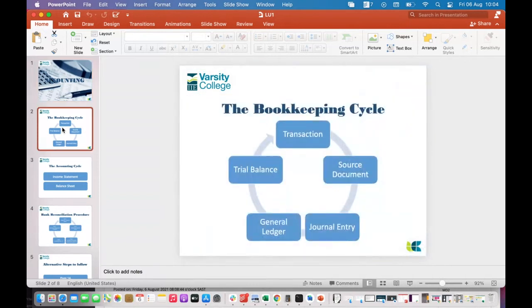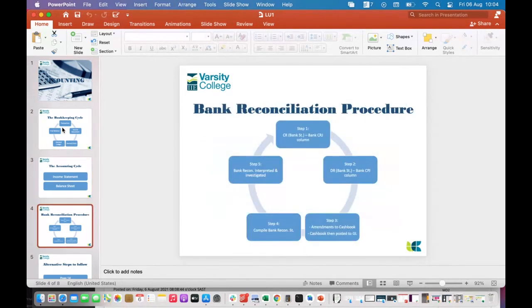Now I know you guys are familiar with this slide. You've seen it in a lot of my slides last semester, so this shouldn't be brand new to you either. But you'll see why I've included it in this bank reconciliation unit. That's the accounting cycle, nothing new there.